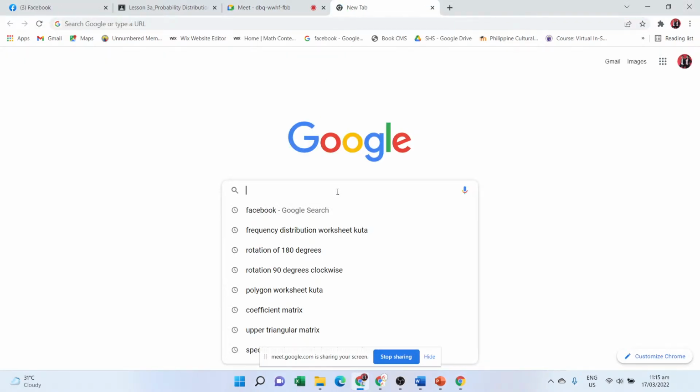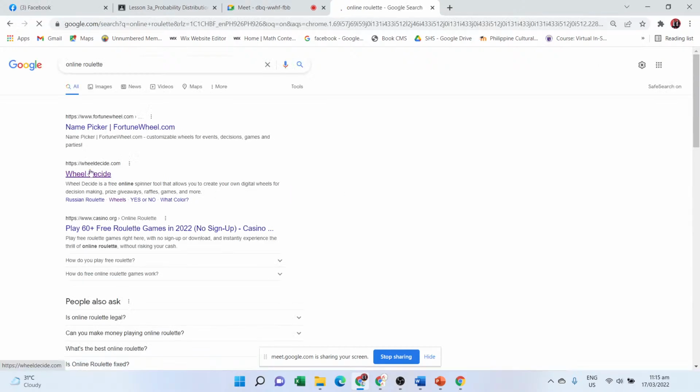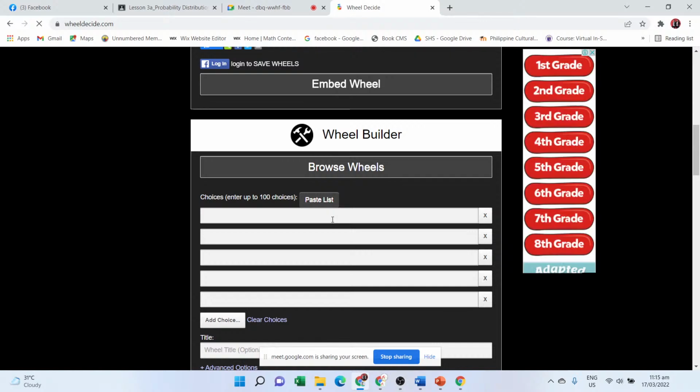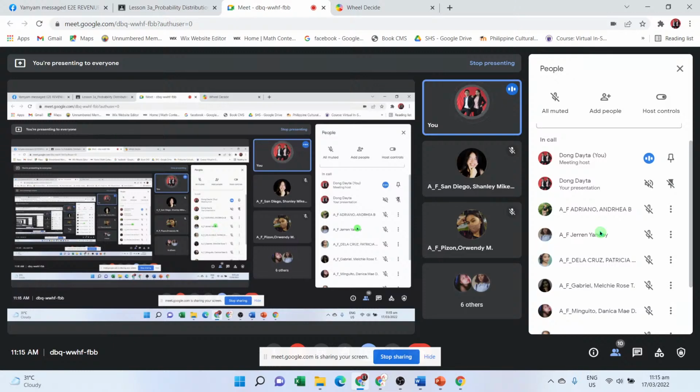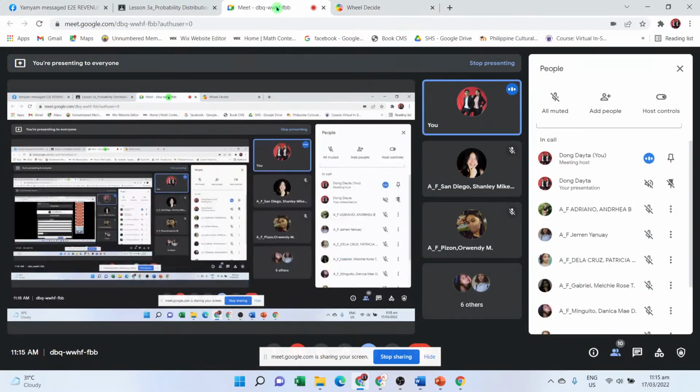Ngayon, kunin natin yung will decide. Kukunin ko lang yung mga surname. Saglit lang. Sino ba yung mga nandito? Surname lang kukunin ko. Adriano. Next.